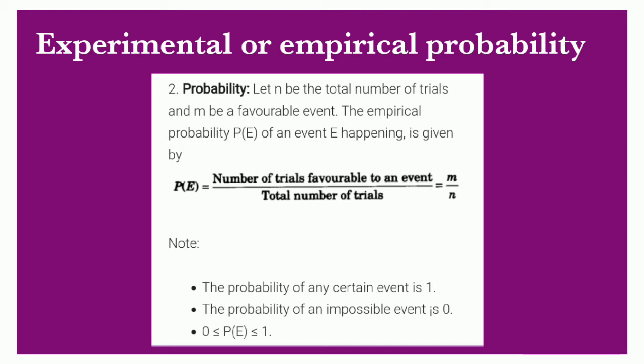Also, the probability of any certain event is always 1. The probability of an impossible event is always 0. And any probability lies between 0 and 1. That means the result is always 0, 1 or in between 0 and 1.